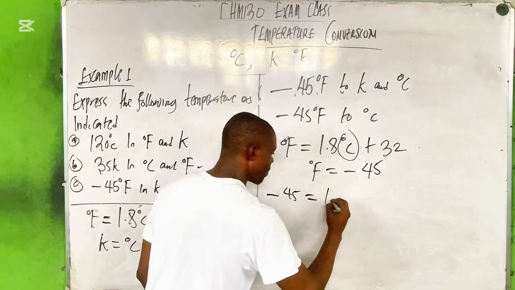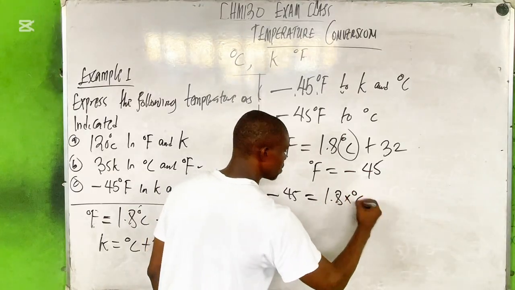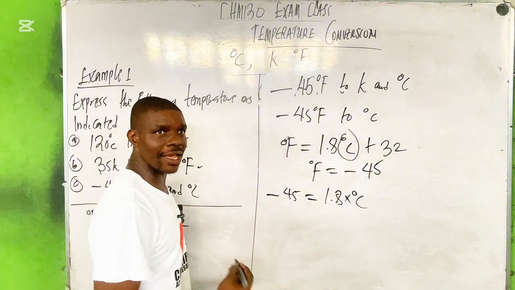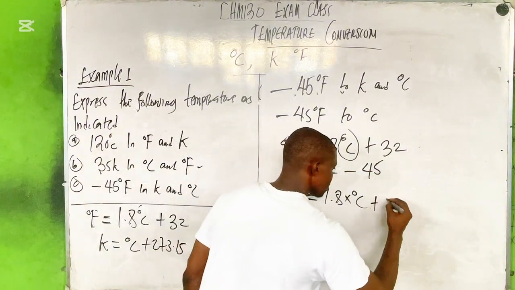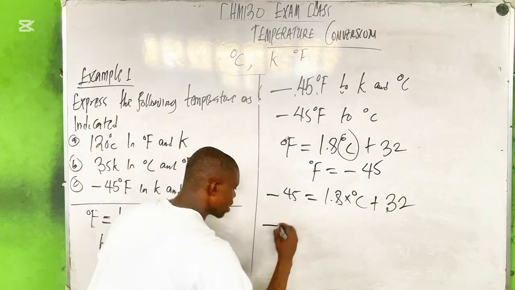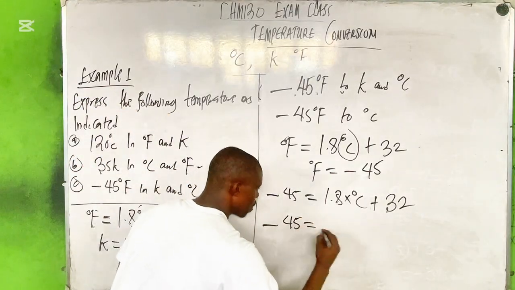So I put this here: minus 45 equals 1.8 times the Celsius temperature plus 32. Is it clear?